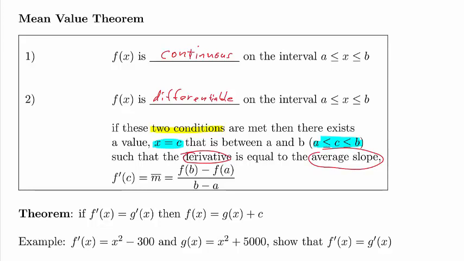And so basically stated right here, the derivative at some value c equals the average slope. And what is the average slope? F of b minus f of a, all over b minus a. So once again, if these 2 conditions are met, we're guaranteed that at some point the derivative will be equal to the average slope in between the endpoints.